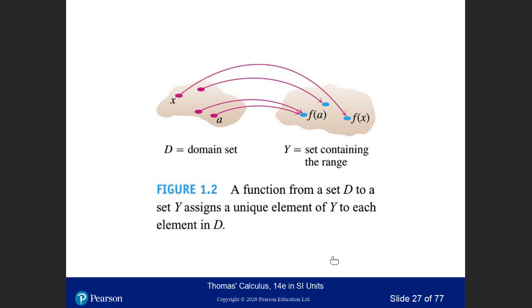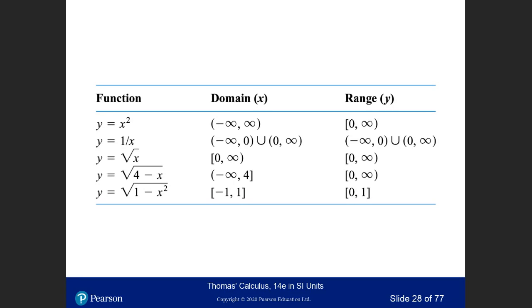Let's continue with the definition of a function. Now let's look at some typical functions and try to assess domains and ranges. For instance, y is equal to x squared. So for every x, you square it and find the value of y.